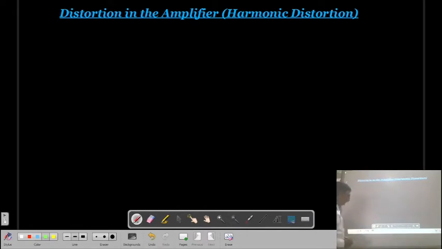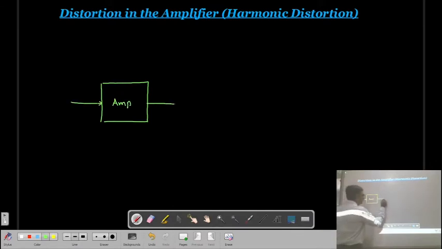So let us see. We know that in the amplifier circuit, if you have this amplifier circuit, then we apply an input signal to the amplifier, and here we have an amplified signal. Now the input signal is, let us say, purely a sine wave. Remember, it is purely a sine wave.